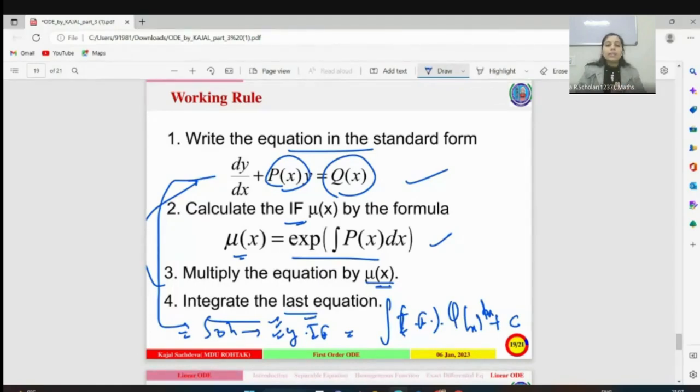If not exact, then we can apply an integrating factor and then find the solution. So all these techniques can be applied when we have a first order, first degree equation.